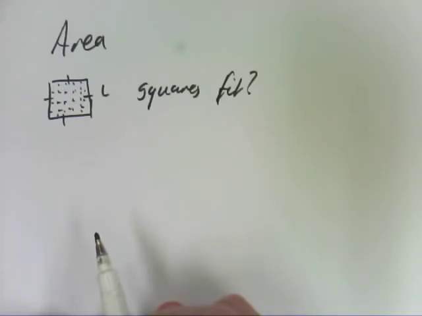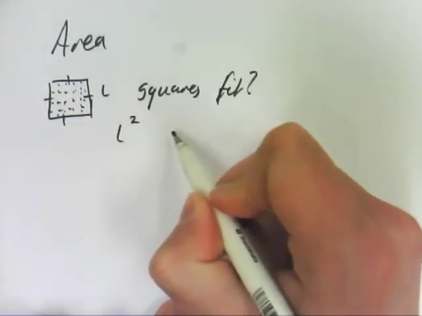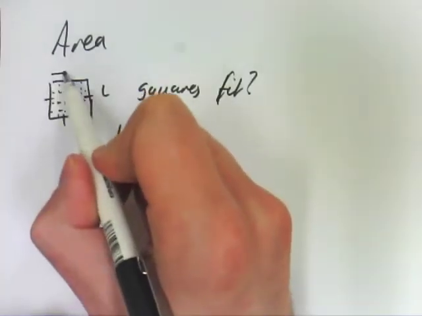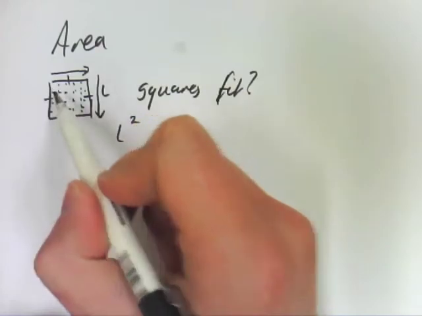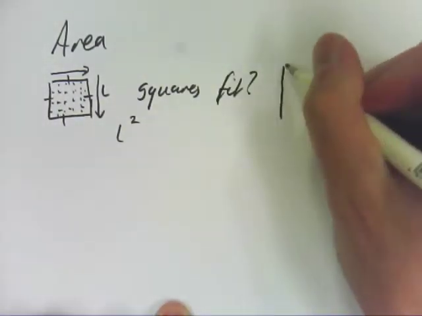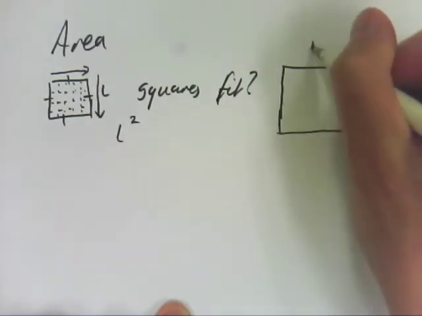However, I'm going to tell you that it is length squared. Okay, so it is that length multiplied by that length. If you think about it, I'll draw it a bit bigger over here, where length was 4.